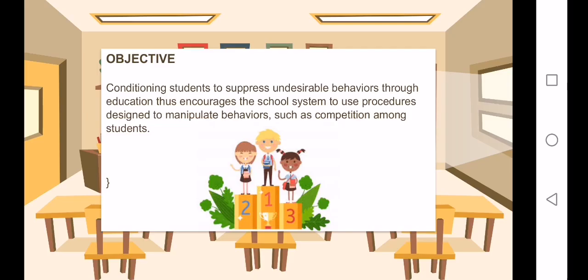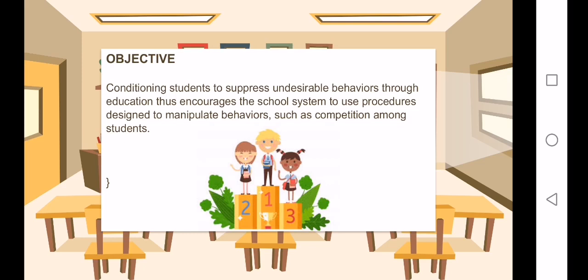What is the objective? The objective is conditioning students to suppress undesirable behaviors through education, thus encouraging the school system to use procedures designed to manipulate behaviors, such as competing among the students.